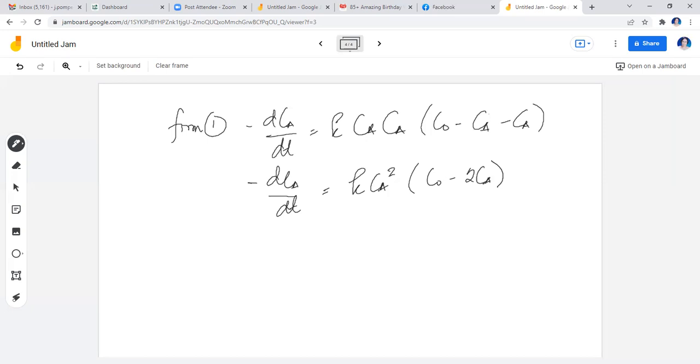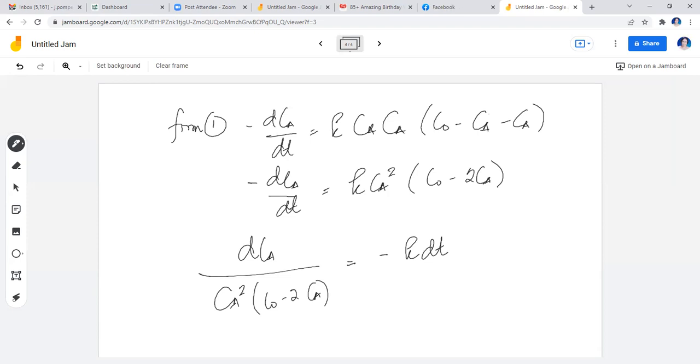Okay? Then you do separation of variables. So you have dCA over CA squared times (CO minus 2CA) equal to, we can place here the negative K dt.